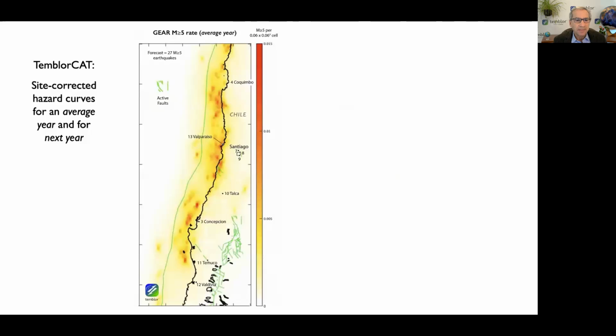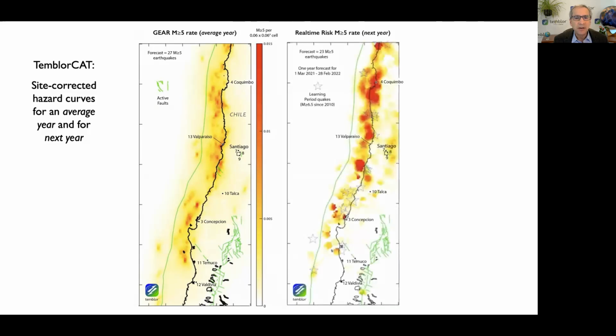And finally, Chile. So here is our average behavior from the global earthquake activity rate model, as we showed you in Japan. And here is next year. So it's been highly influenced by the 2010 Maule magnitude 8.8 and the 8.5 Illapel and Iquique earthquakes farther north.